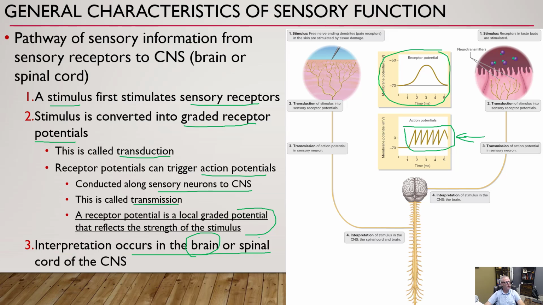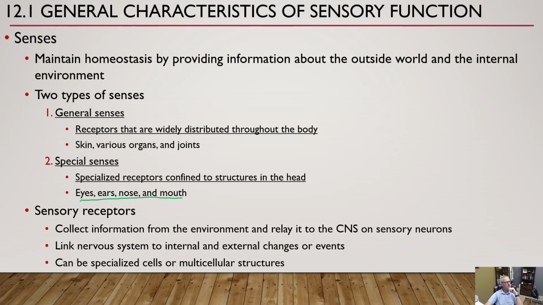Interpretation occurs in the brain. I said brain, that's not always going to be the case. If we're talking about eyes, ears, nose, and mouth, that's going to be going to the brain. If we're looking at some of the skin, some of our pain pathways will go through the spinal cord.